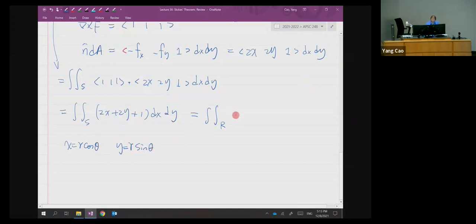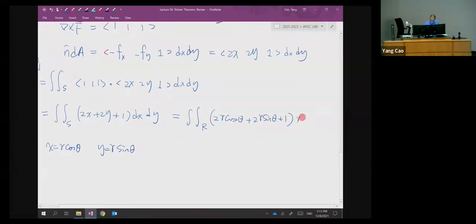So you replace x with r cosine theta, replace y with r sine theta, and dx dy becomes r dr d theta. The limits for r are strictly based on the shadow, the circle. So r goes from 0 to 1, that's the radius, and theta goes from 0 to 2 pi, because it's a full circle.